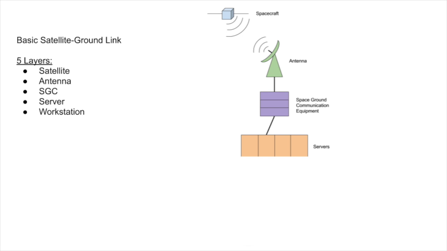Once the data has been converted from an analog to a digital signal, the standard IT infrastructure and techniques can be applied. Satellites generate a lot of data, so it's not uncommon for missions to use server farms in order to handle and process all of that data. The first thing that needs to happen when data enters the server layer is that it needs to be archived.